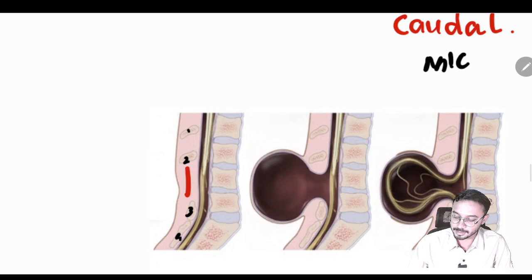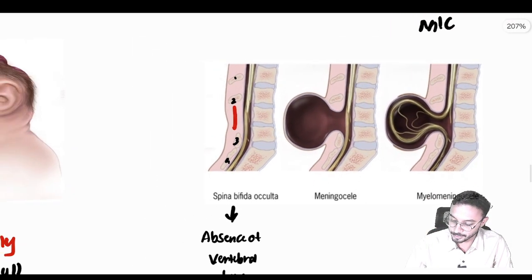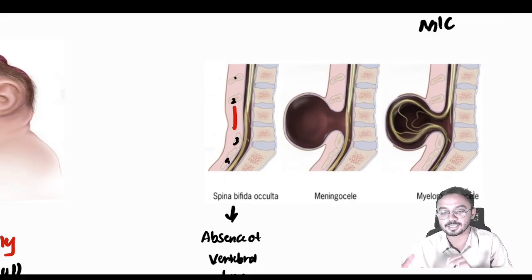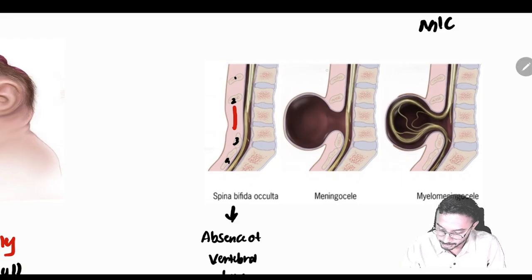The next condition is spina bifida cystica, cystica meaning cyst-like. Look at this condition over here. Here only the meninges are protruding.